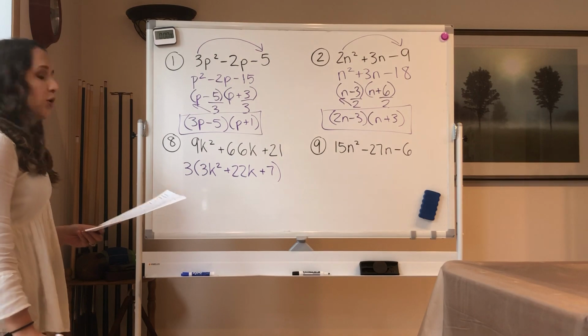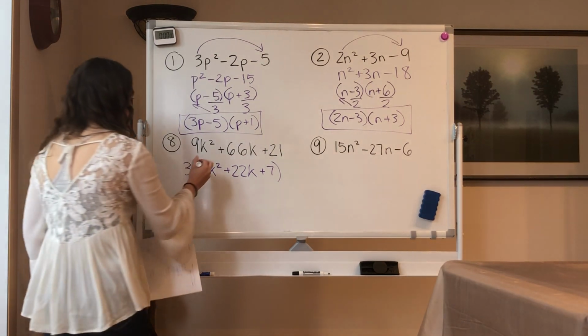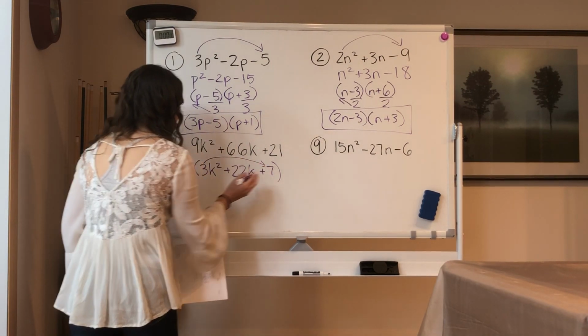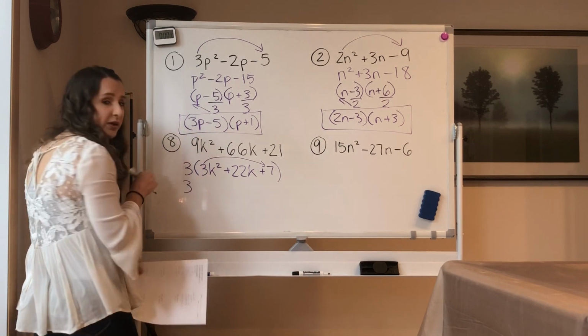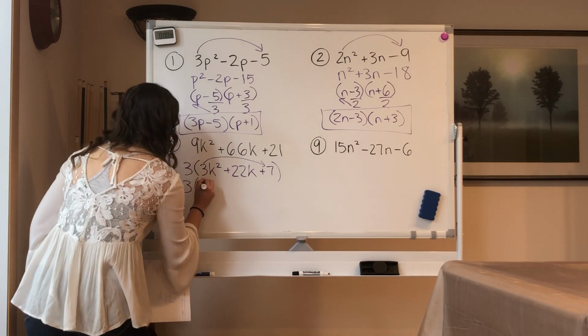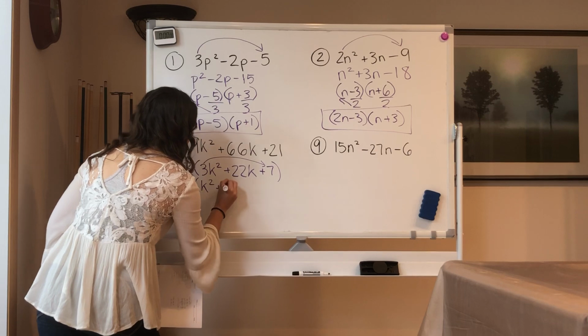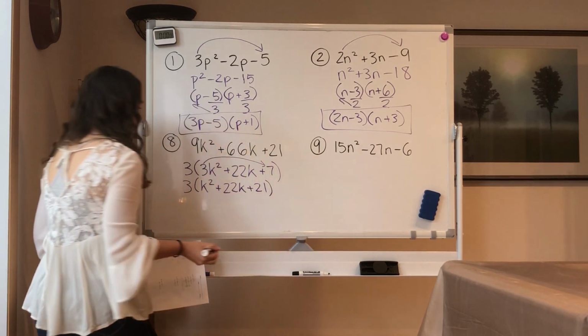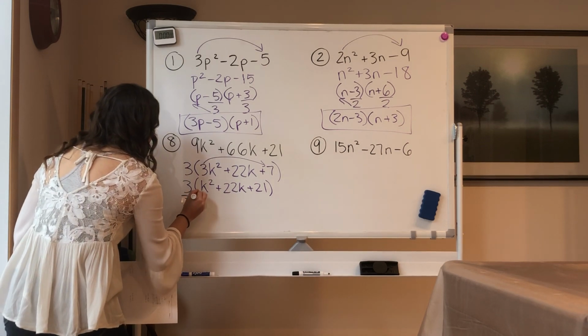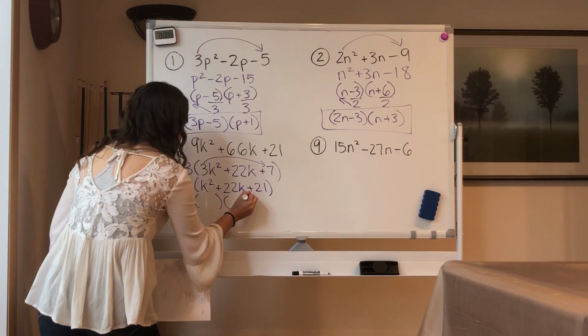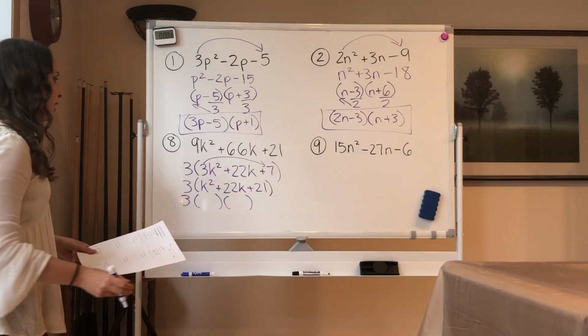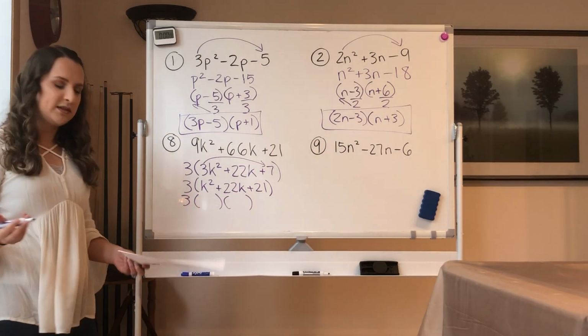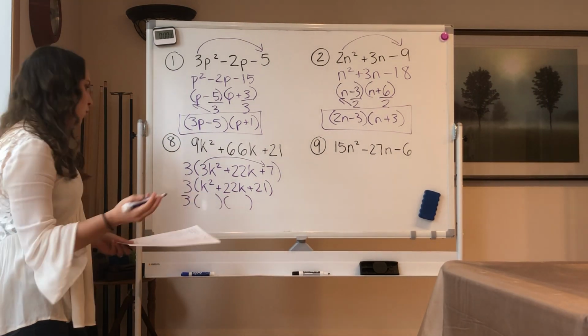Now we're going to slide. Slide this 3 over to the 7, and make sure you bring down the 3 that you factored out. k squared plus 22k plus 21. What two numbers multiply to 21 and add to 22? Obviously 21 and 1.